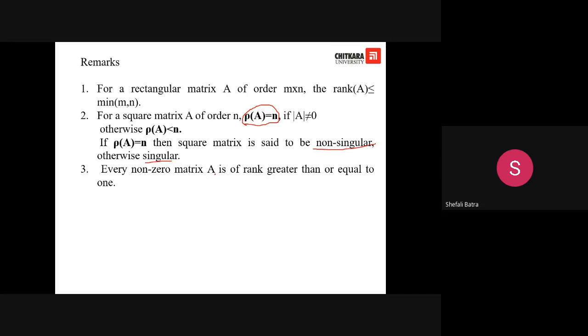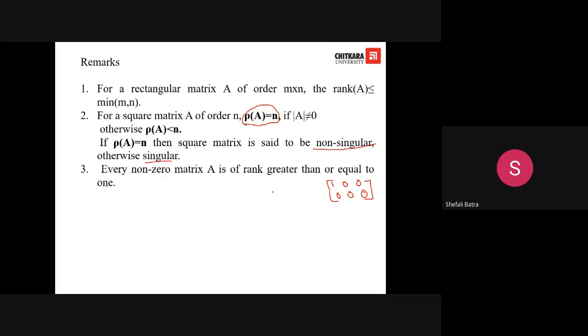Every non-zero matrix A is of rank greater than or equal to 1. Let us have a matrix whose one entry is non-zero and the rest of the entries are 0. Right? So what can be the rank of this matrix? Anyone?